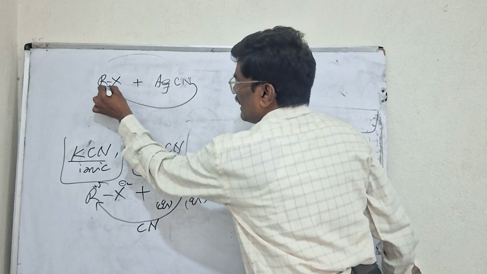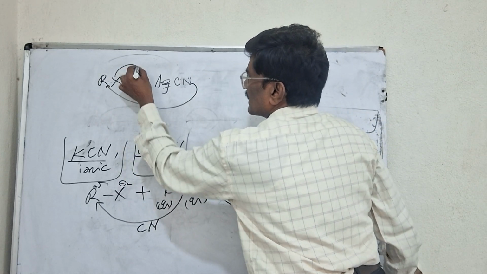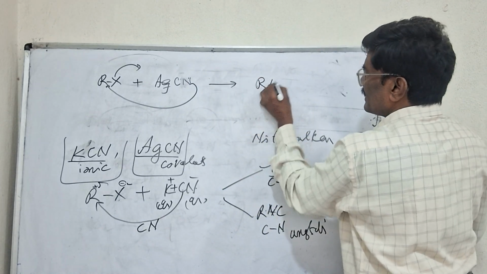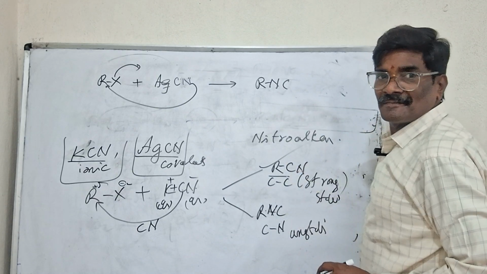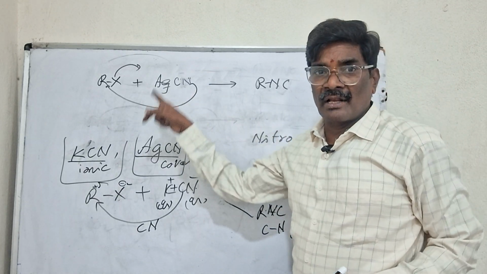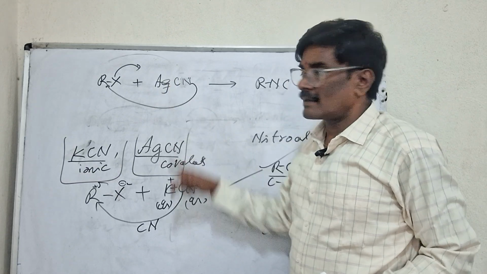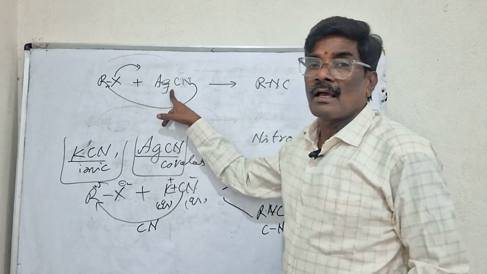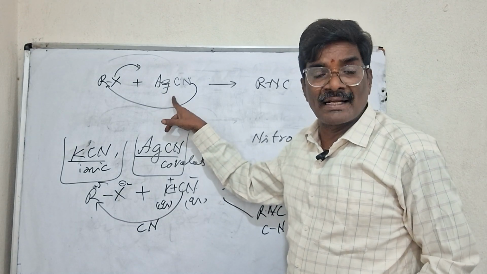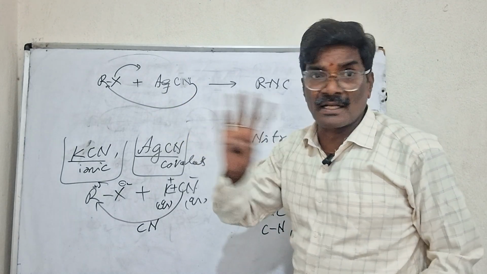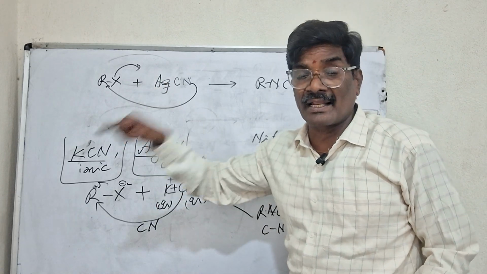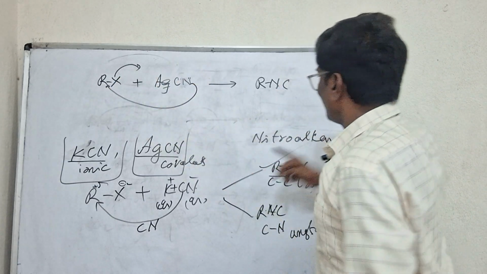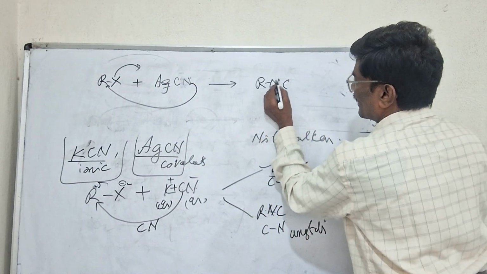So nitrogen attacks the carbon atom, X goes out as the leaving group, and we get RNC, isocyanide. In the examination, they will give this type of question: what is the product? Since it is covalent in nature, only nitrogen is free and carbon is not, so we get isocyanides only.